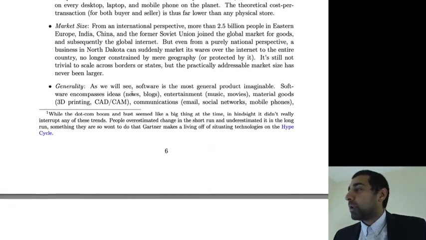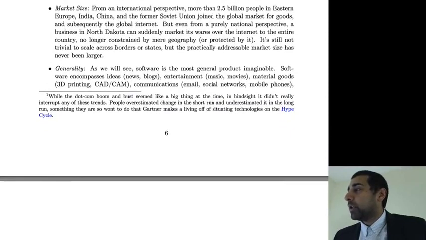A second major property is market size. With an internet startup, in theory, you can go after the entire world. You can more easily attack a market in Indonesia or South America than you ever could before. Friendster, for example, famously became very popular in Indonesia, more so than in the U.S. for a long time.